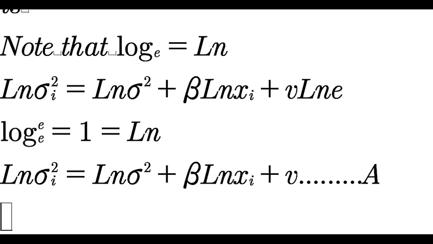The normal equation in which we took the natural log is also the Park test equation, but it was in a non-linear format. So we applied the natural log rule to linearize the equation, to have this equation A. Both equations are the Park test equation, in which we are supposed to regress ln sigma I squared on the predictor variable xi.